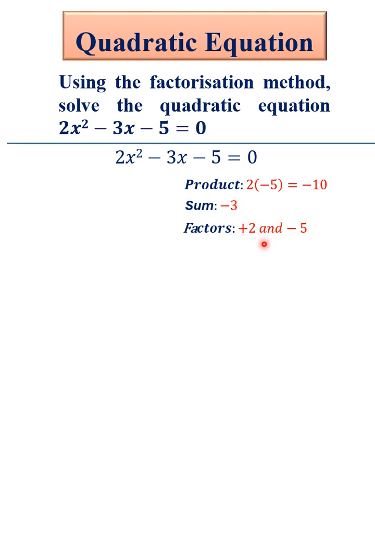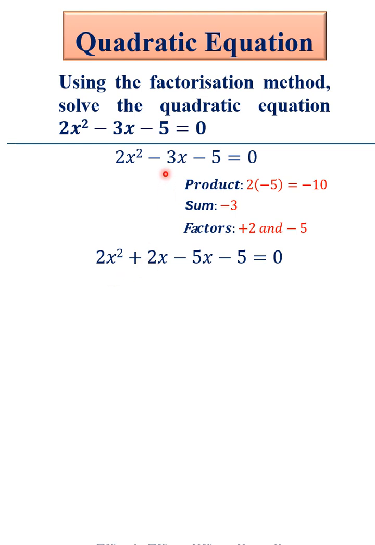Having identified the factors, we'll now have to substitute these factors into this equation and replace −3 with the factors 2 and −5 because their sum gives us −3. And so the equation becomes 2x².